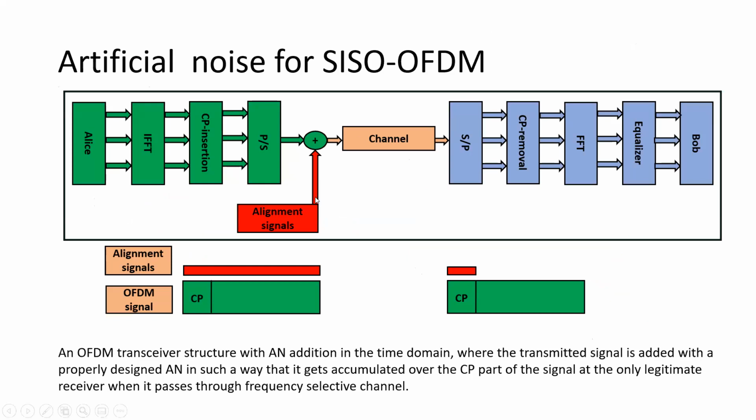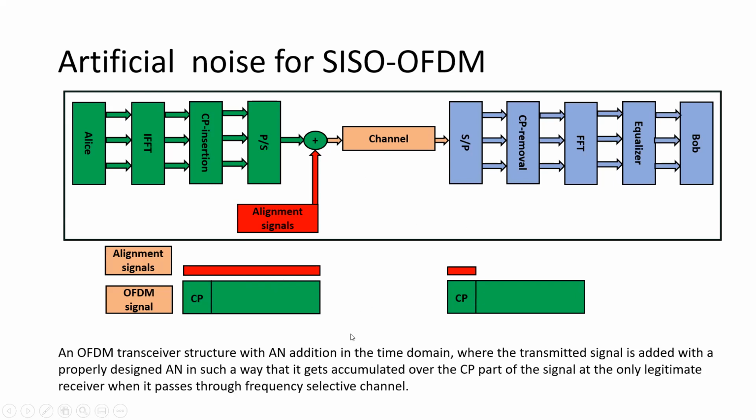We can use the degree of freedom provided by the cyclic prefix, in which we design a signal based on the channel of the legitimate node at the transmitter side, and the signal is added in the time domain in such a way that when it passes through the legitimate channel, it will be accumulated at the CP.